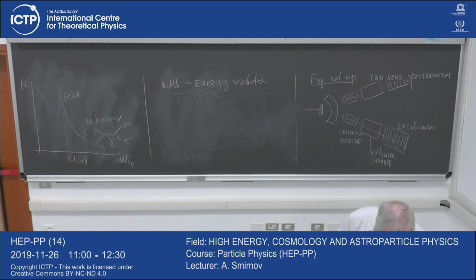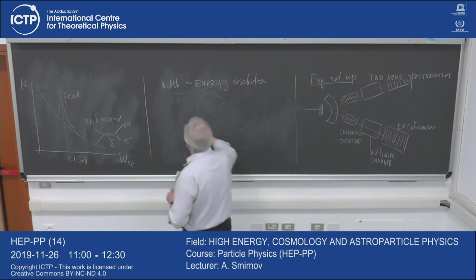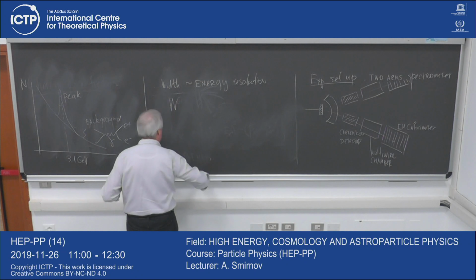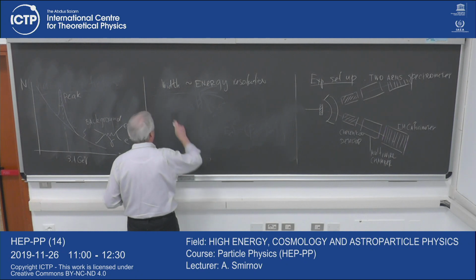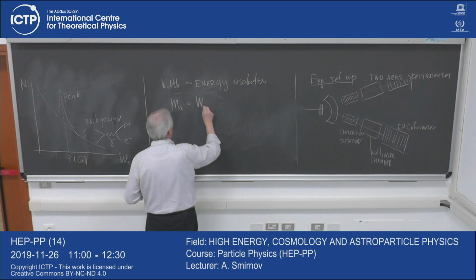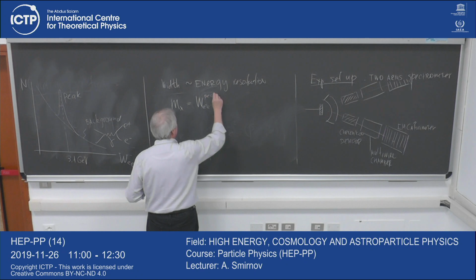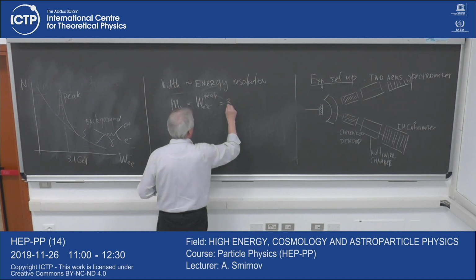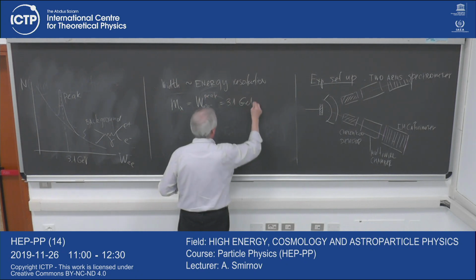So which means that here we deal with the production of a particle with mass which equals W of the e plus e minus peak, and that will be 3.1 GeV.